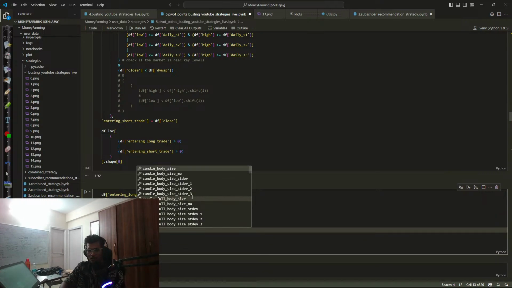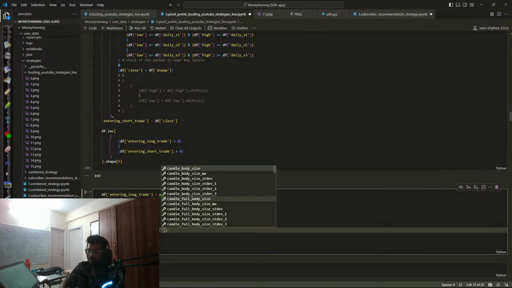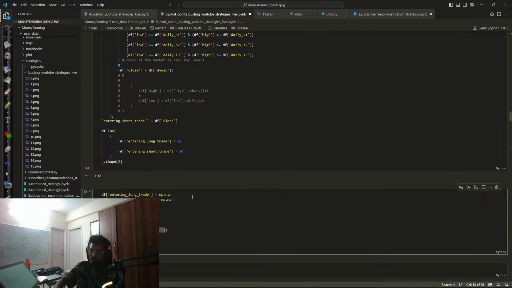So here our long condition is: if the low of the candle is less than or equal to daily S1, so the low is less than or equal to daily S1.